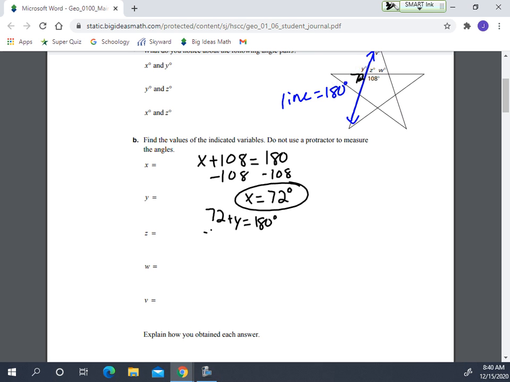If I subtract 72, I get y is equal to 110 degrees. Oh, sorry, not 110. Whoa, bad math. 108 degrees.